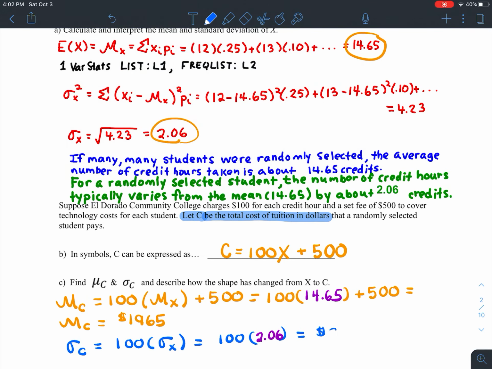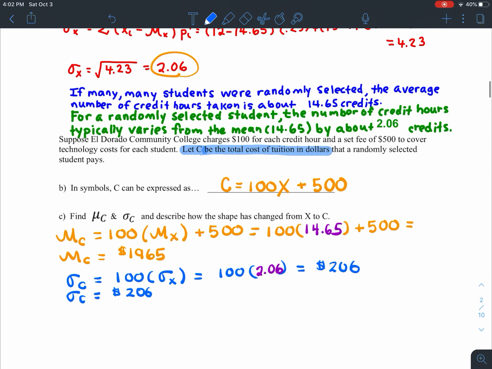Okay, so again, I look back up and I say, okay, we said that the standard deviation for X was 2.06. So I'm going to multiply 2.06 times 100, and I get the standard deviation of the tuition costs to be 206.